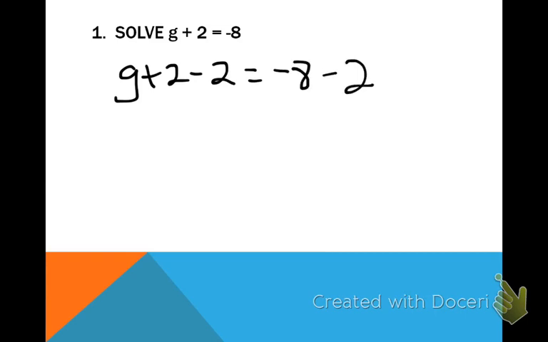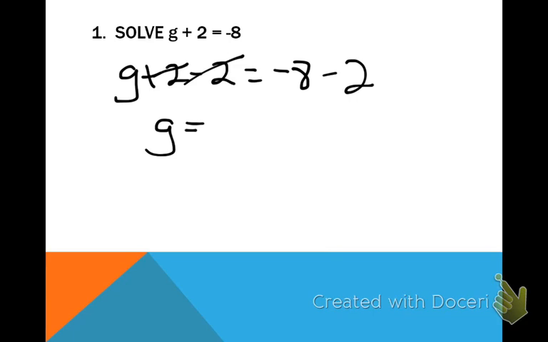And the reason why we do that is because now if I take 2 minus 2, you get what? 0. Yeah, and g plus 0 is just g. Exactly. Okay, that's why these guys are inverse operations. They add to 0. They don't cancel, they add to 0.